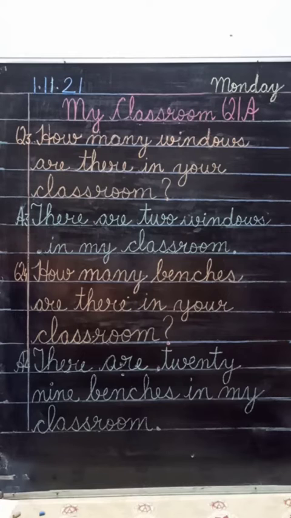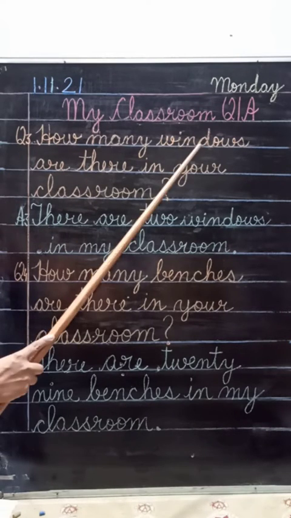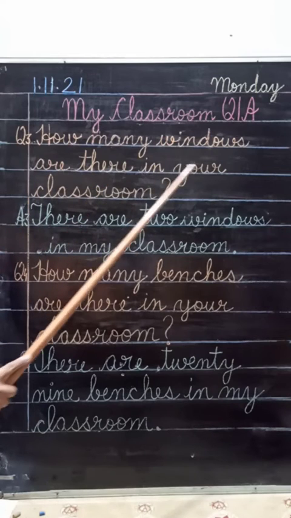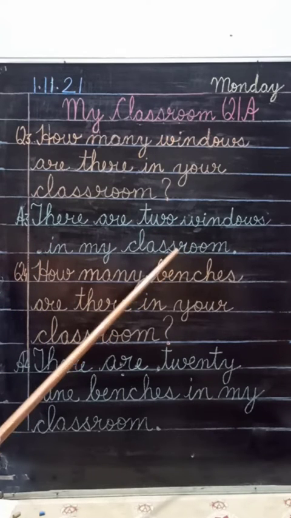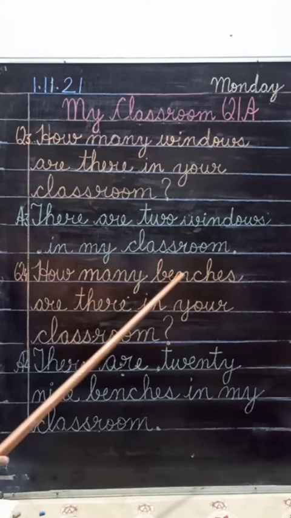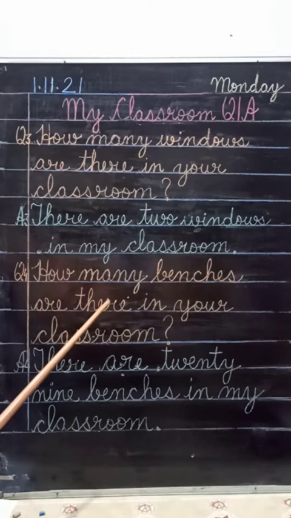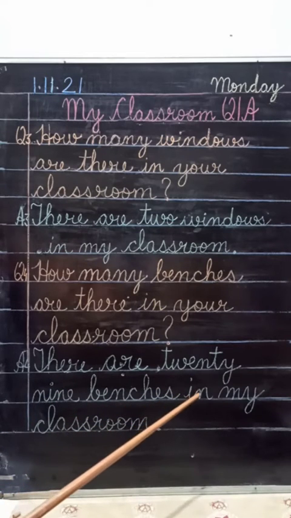Now, let us revise these two questions first. How many windows are there in your classroom? There are 2 windows in my classroom. How many benches are there in your classroom? There are 29 benches in my classroom.